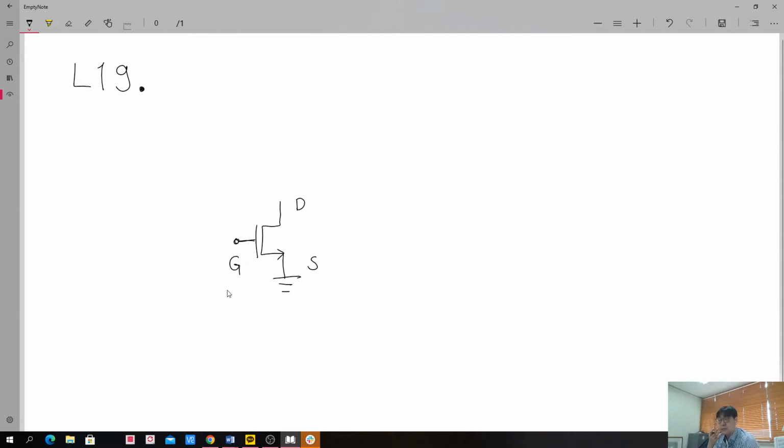In this case, we have a MOSFET, and we know that when we apply VG and VD, the important quantities are the voltage difference between the gate and source, and the voltage difference between drain and source.